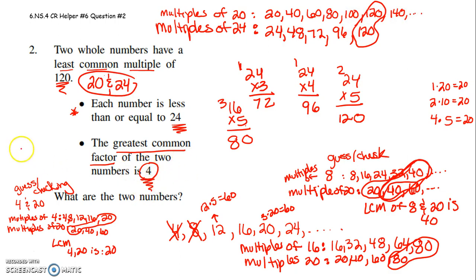Let's just check the factors of 20 and the factors of 24. The factors of 20 we did before. So sorry this video is so long. Factors of 20 were 1 and 20, 2 and 10, 4 and 5.